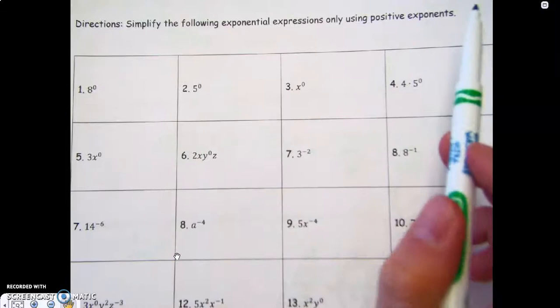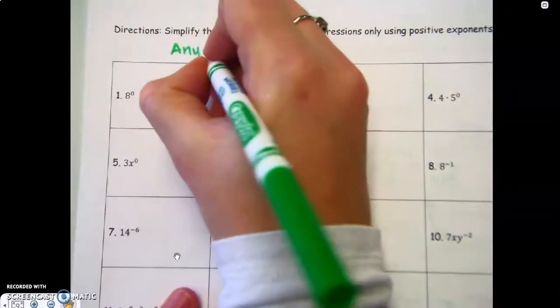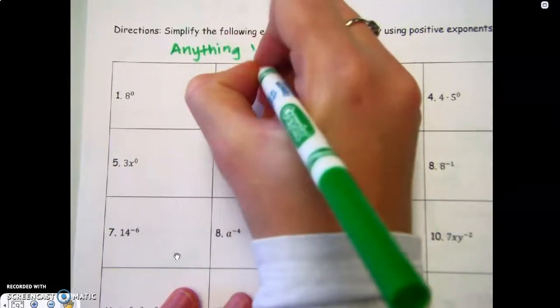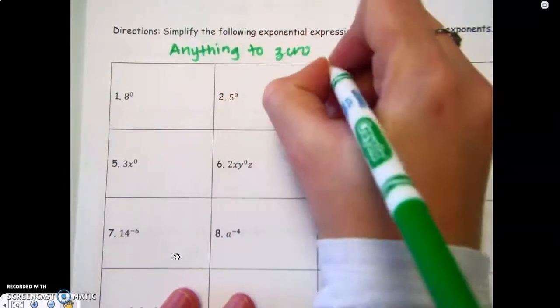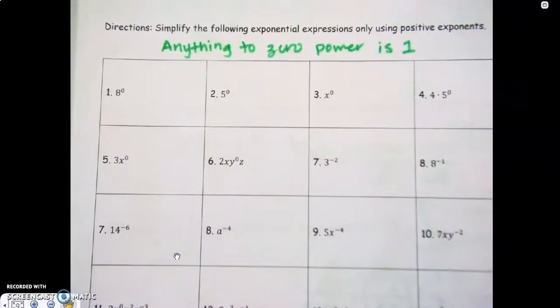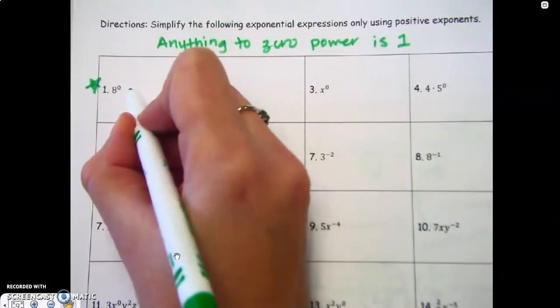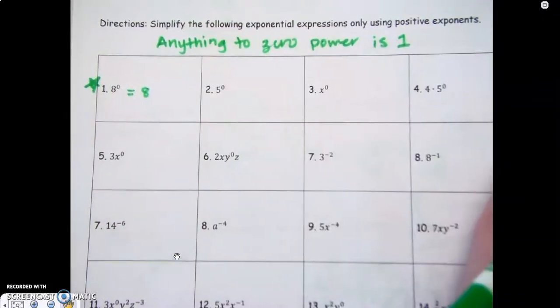And then the next part is just simplifying each of the exponential expressions using only positive exponents, right? So a couple of these are easy. We said anything to the 0 power is 1. We proved that. And then anything negative we can turn positive. So for example, if we talk about number 1, 8 is raised to the 0 power, so that would be equal to 1.